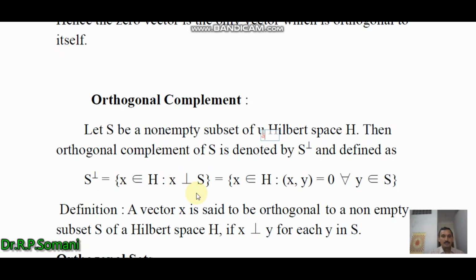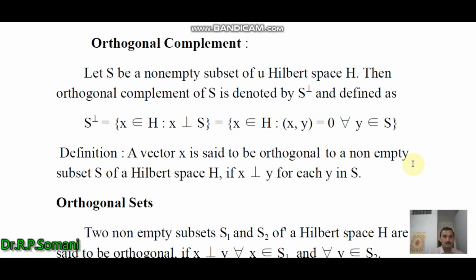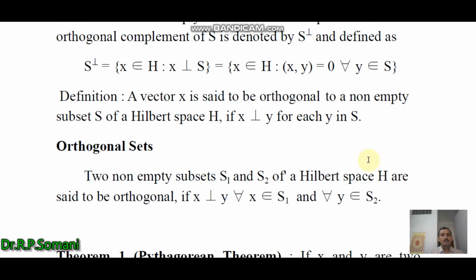Next definition: a vector x is said to be orthogonal to a non-empty subset S of a Hilbert space H if x is orthogonal to y for each y in S. Next we define orthogonal sets.